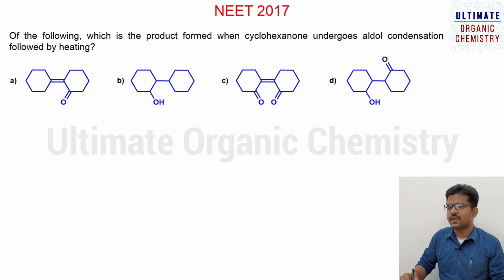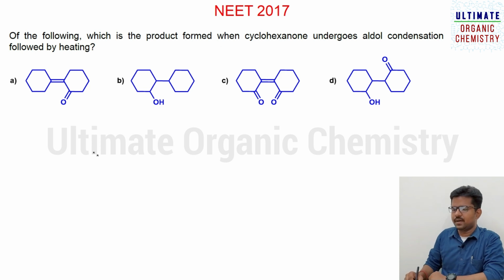Okay, so the question asked in NEET 2017: which is the product formed when cyclohexanone undergoes aldol condensation followed by heating? For example, this is cyclohexane, and if you have a double bond O, this is called cyclohexanone.